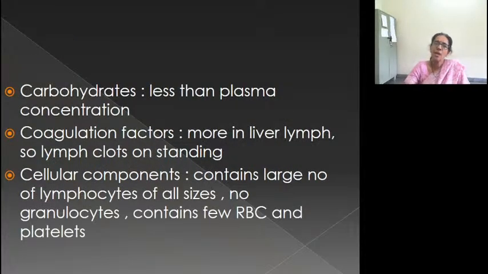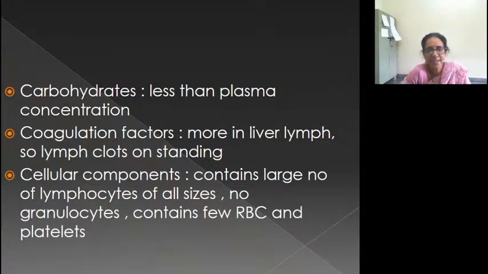Then carbohydrates. Carbohydrates are less than the plasma concentration. Coagulation factors are more in liver lymph compared to the peripheral lymph, because coagulation factors are synthesized in the liver. That is why lymph clots on standing. If you keep the lymph like that, because of these clotting factors, it clots on standing. Cellular components: lymph will have lymphocytes more. It contains a large number of lymphocytes of all sizes.